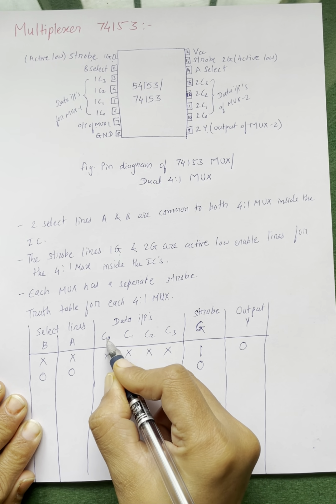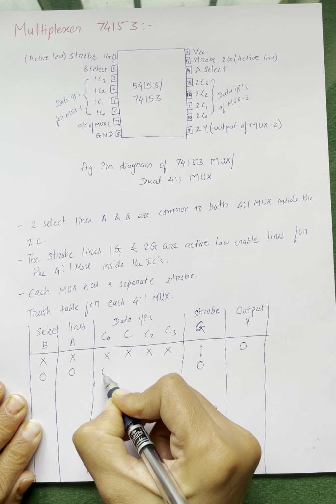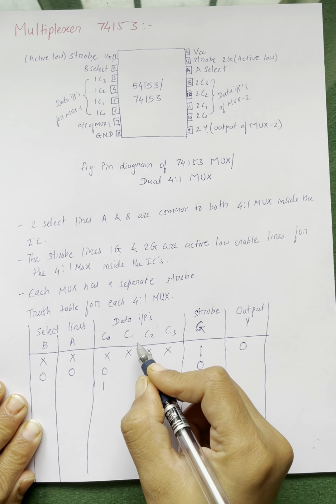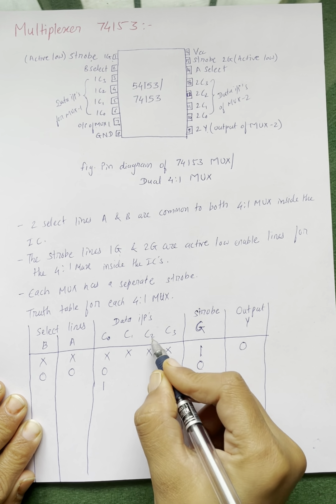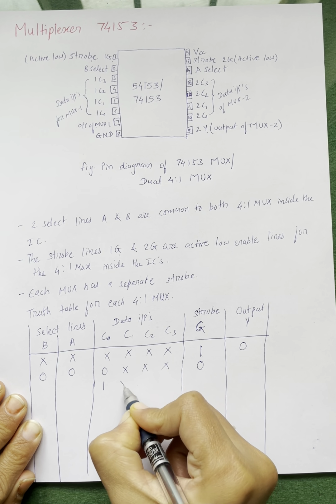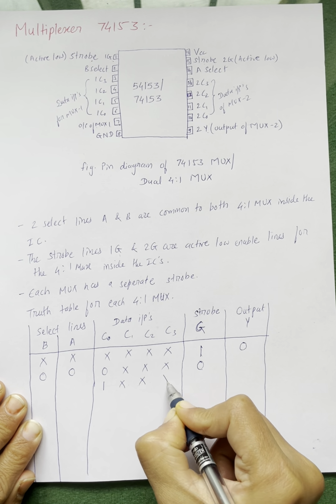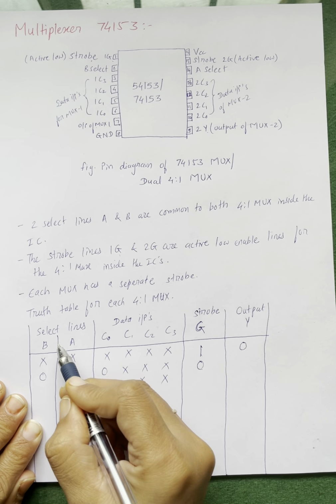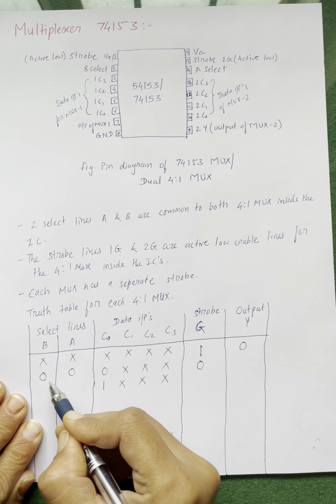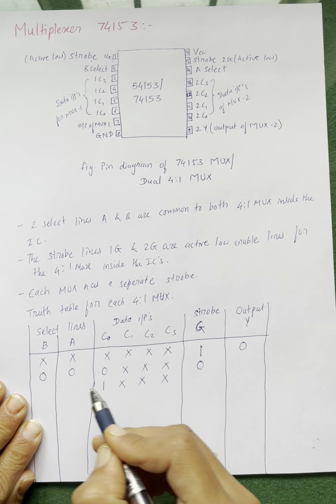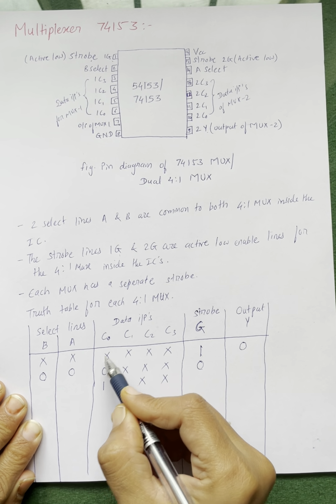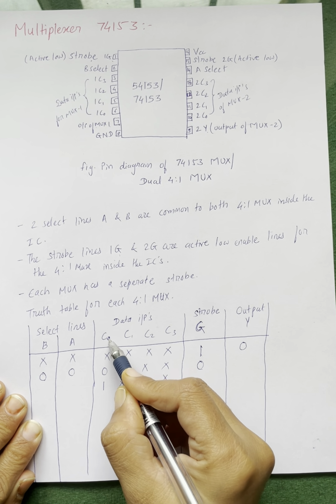The value of C0 may be 0 or 1, and C1, C2, C3, whatever they may be, does not matter, since the select lines are giving the input 0 0, that means data input line C0 will be selected and the output will depend on the value of C0.